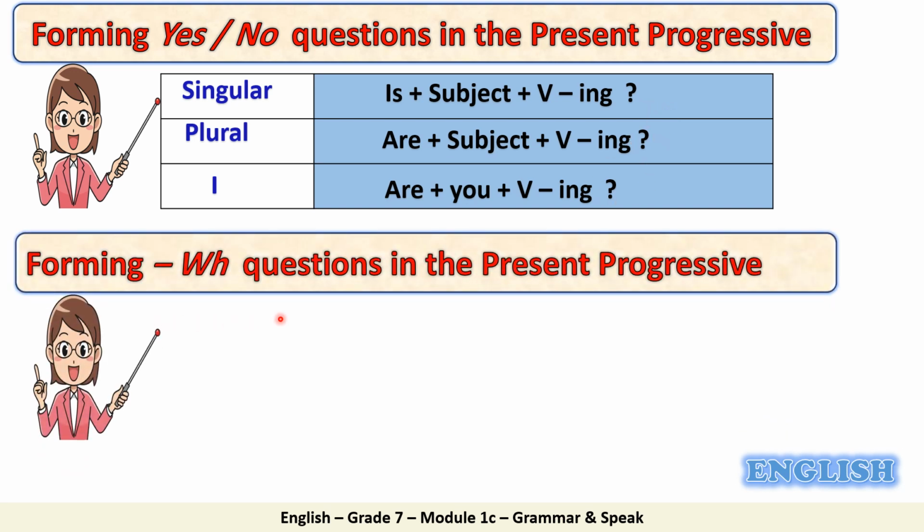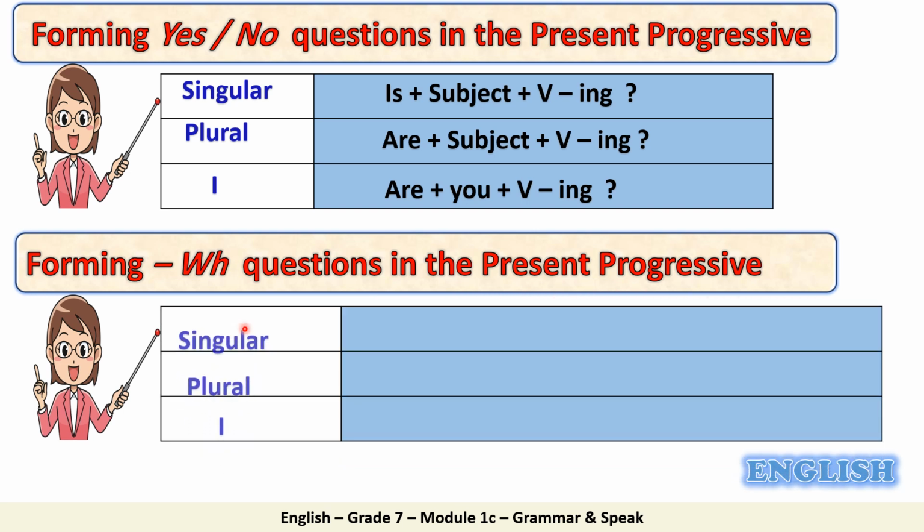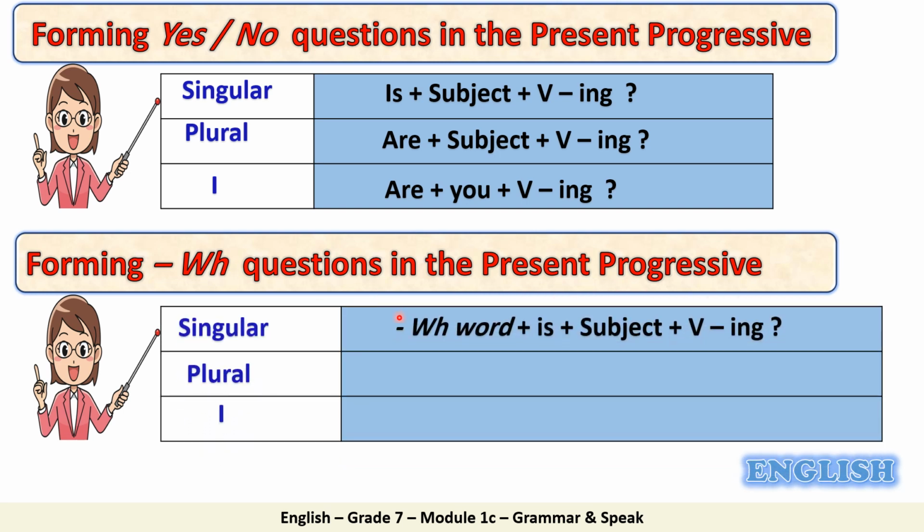Now forming WH questions in the present progressive. For singular, we write the suitable WH word followed by is. Then is followed by the subject, and the subject is followed by the ing form of the verb.